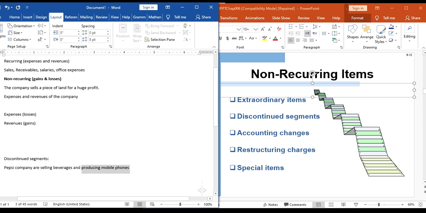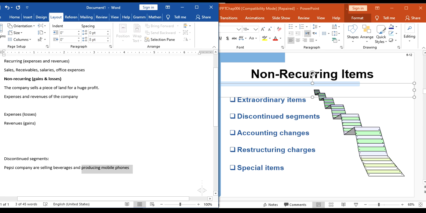This is a partial job of the company. They may be doing it for a few years, but suddenly they decide to stop this production, and this incurs a very huge loss to the company. So this is a kind of non-recurring item, okay?